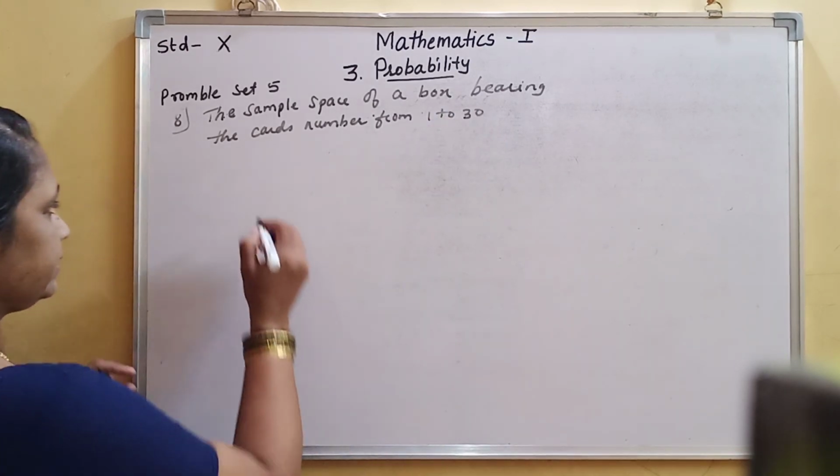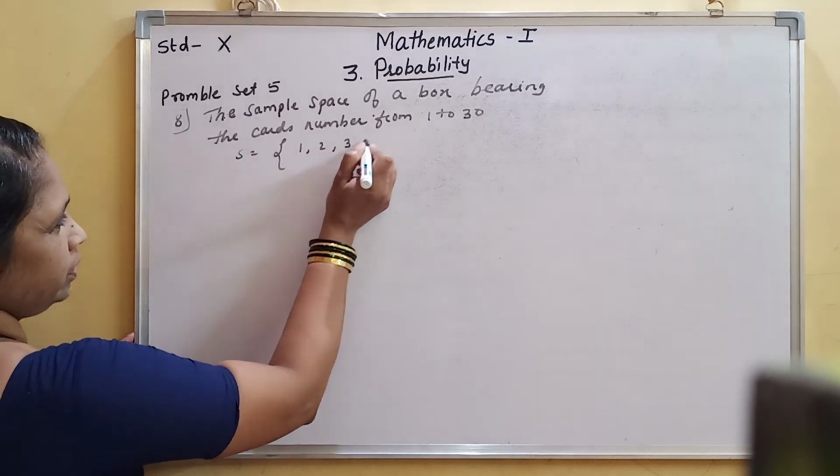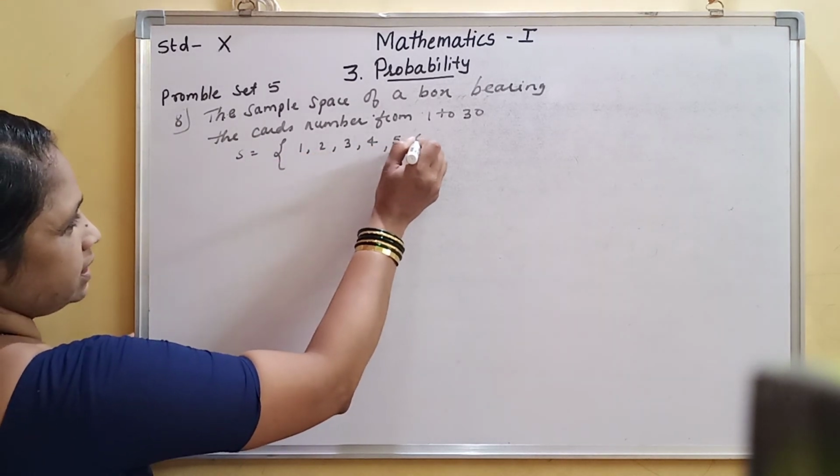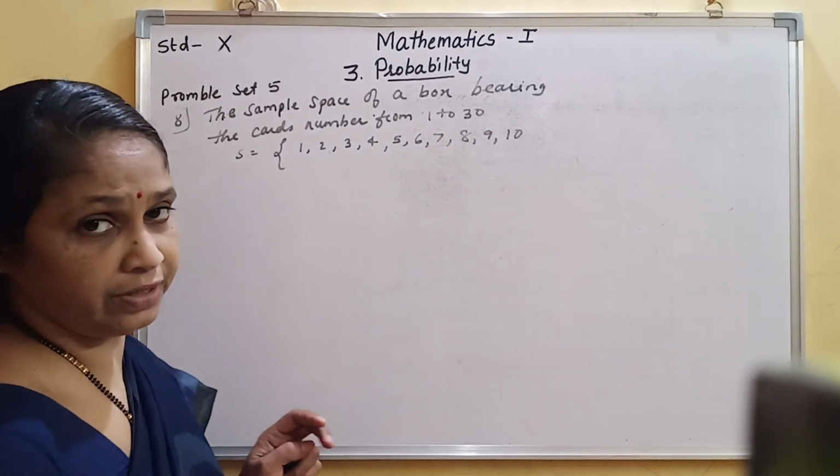So how will we write the sample space? Sample space is equal to 1, 2, 3, 4, 5, 6, 7, 8, 9, 10. We have to write all the numbers.